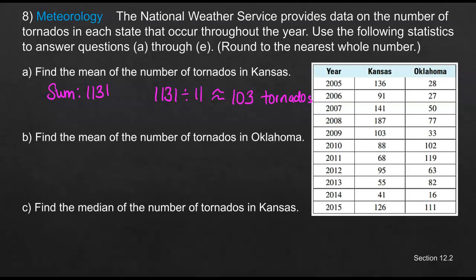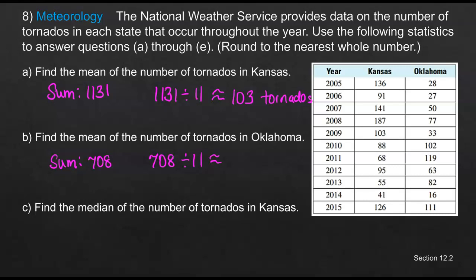And then for Oklahoma, let's add up that column. And we get a sum of 708. We're going to divide that by 11. And I really would pause and just do this work yourself and then go back and check.